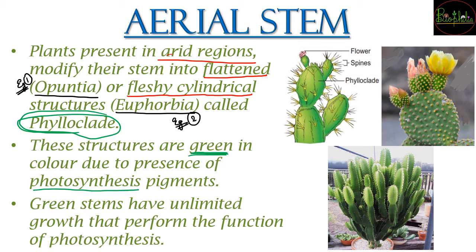So since these are green stems, they can have unlimited growth and also perform all the functions of stem, as well as they can have an additional function. So additional function क्या है? The photosynthesis is going to be their additional function. So वो एक ऐसा you can say it is a bonus function that is going to be given to them, that because of the green pigment they can also perform the photosynthesis.